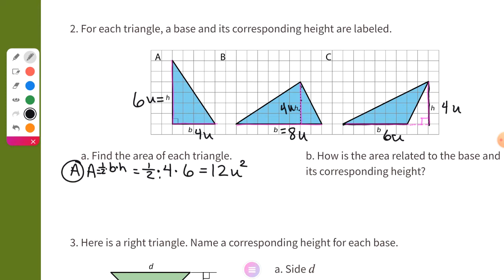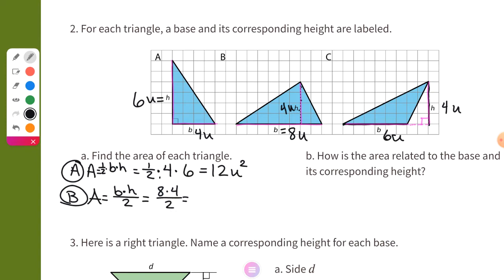For B, we're going to use the other formula just to show you they're both about the same. So for B, we're going to do base times height divided by 2. Rewrite. Again, I'm working across instead of down because they really don't give us much space here. For B, what's my base? 8. What's my height? 4. So I have 8 times 4 divided by 2.